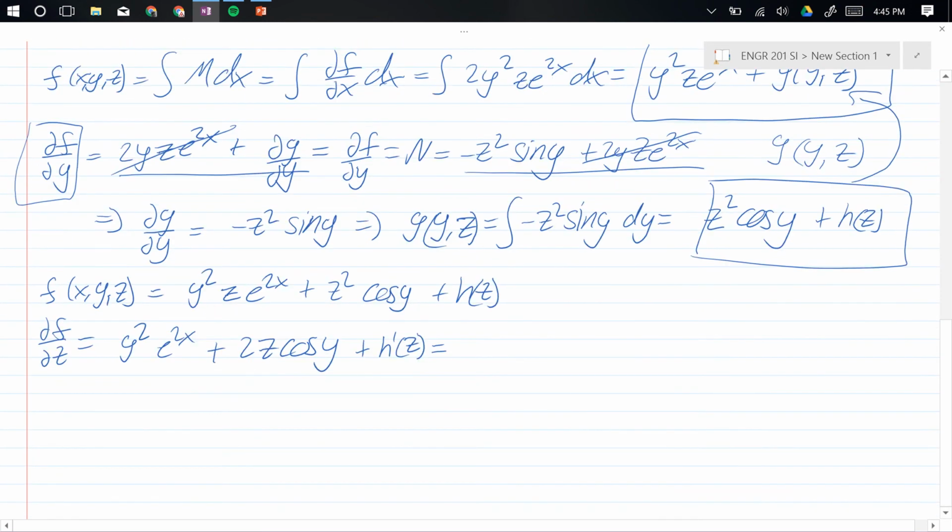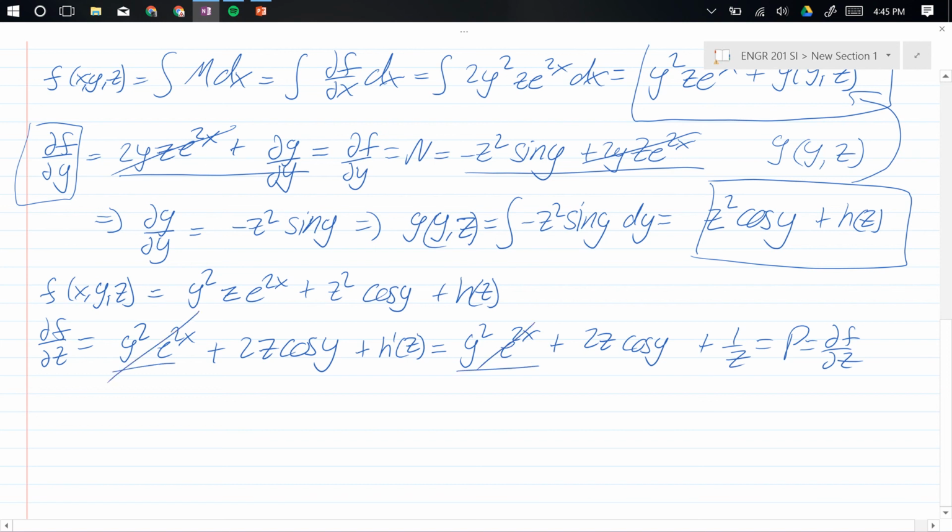So I'm going to say this is equal to, let me look at my paper, because I can't remember what I just looked up there. We have y squared e to the 2x plus 2z cosine y plus 1 over z, which is equal to p, or partial of f with respect to z. So then we see that these two match up, cross these out. See that this 2z cosine y matches up, cross these out.